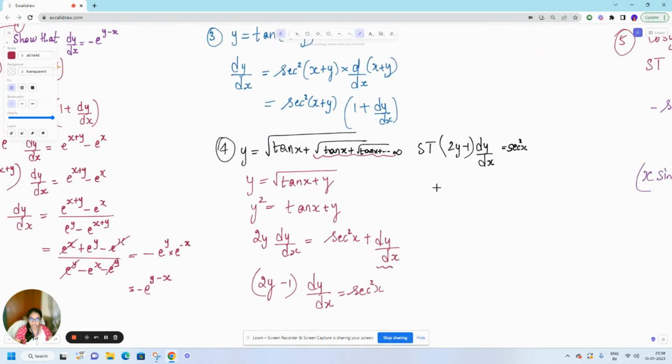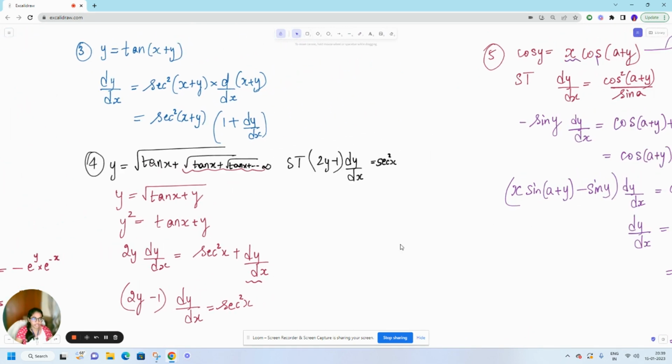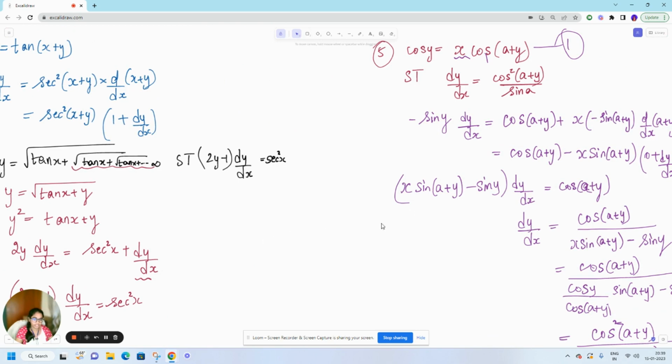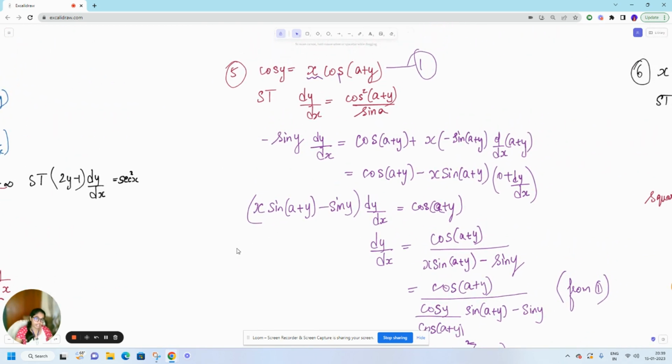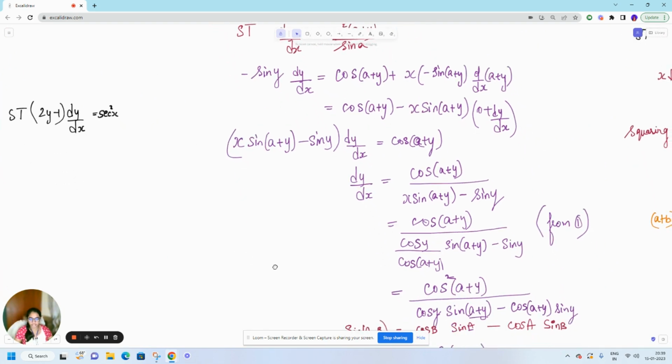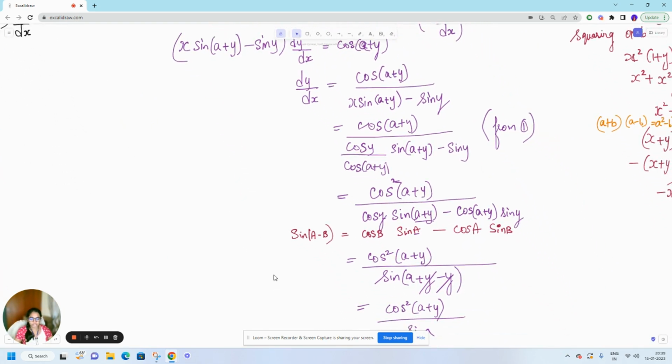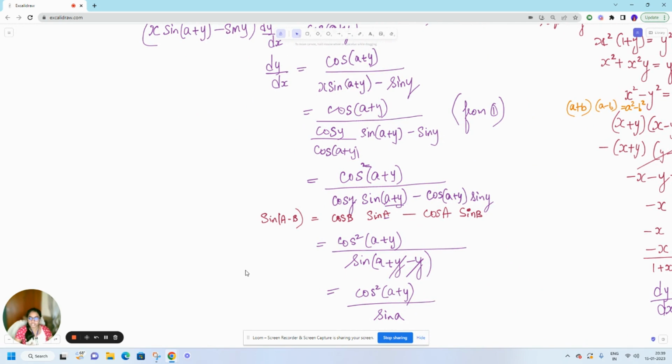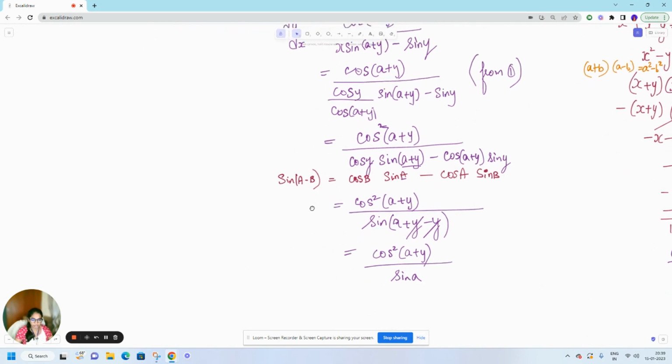For the fourth one, we took this whole term as y, and then we differentiated it. In the fifth one, we differentiated it, but we had to show that the answer is equal to something else, so we recalled some trigonometric formulas, that is sine of a minus b.